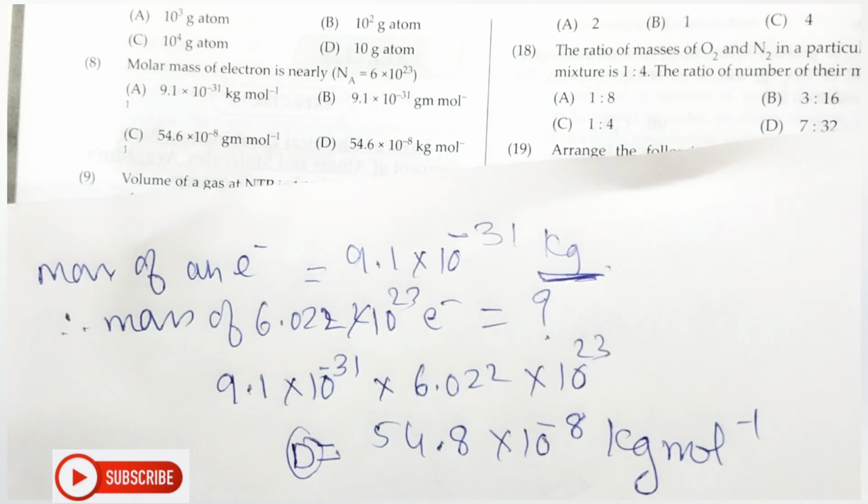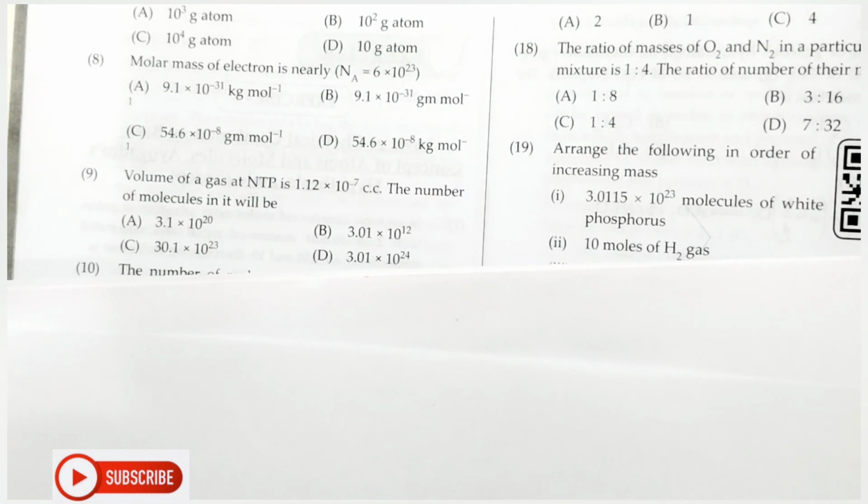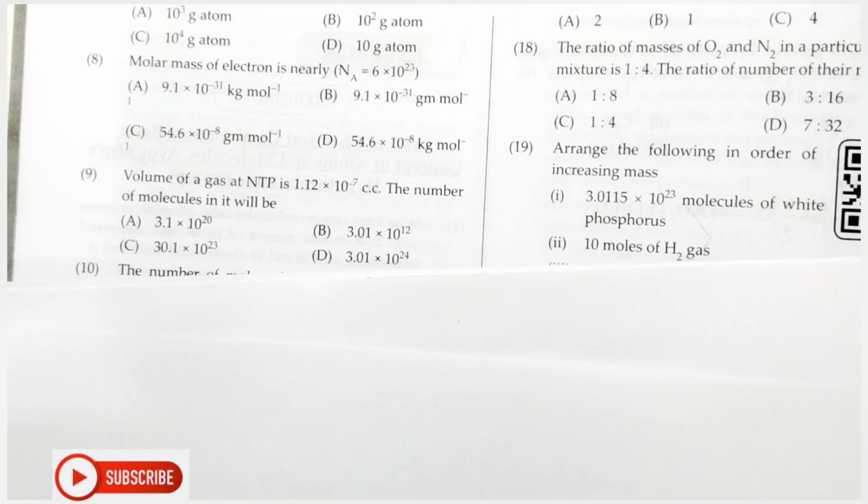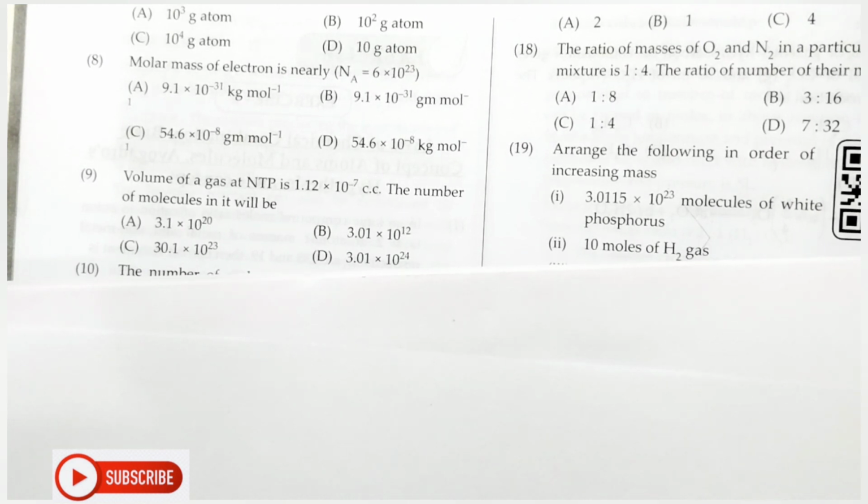See the next question. Question number 9. The volume of a gas at NTP is 1.12 into 10 raised to minus 7 cc. The number of molecules in it will be? Now students, here they are asking about the normal temperature and pressure condition, so let us write our standard equation. Here they have given the volume, so let us calculate using the standard volume.